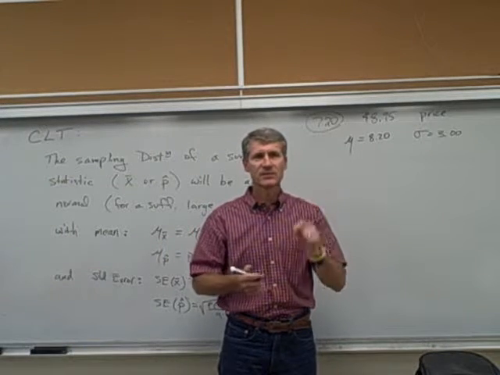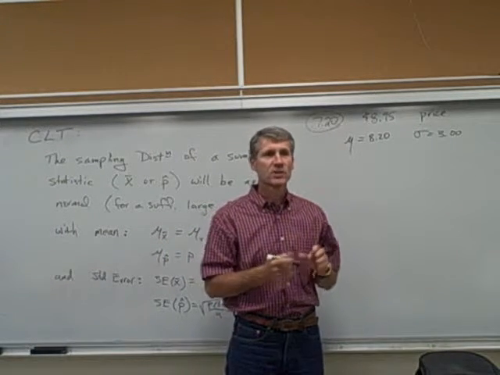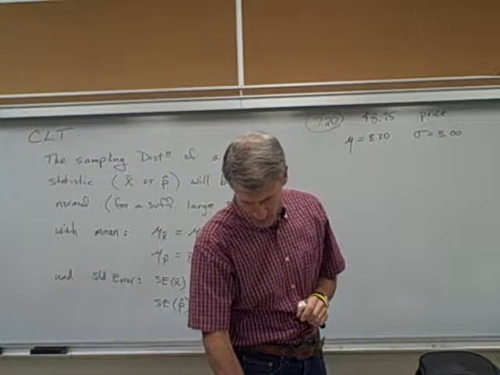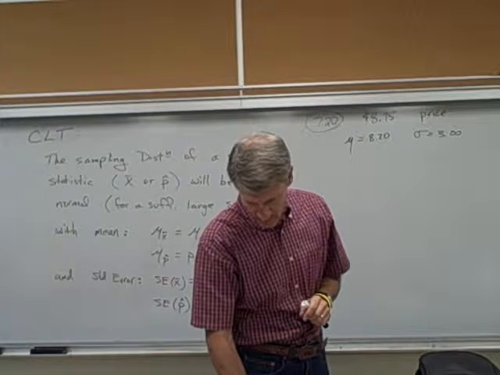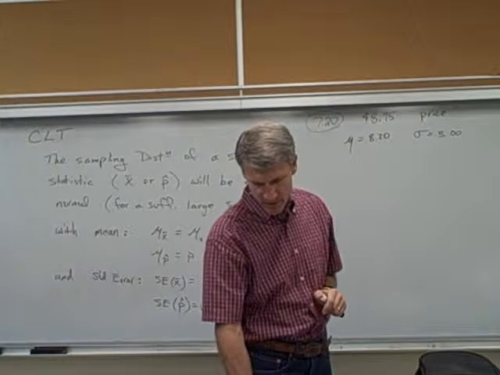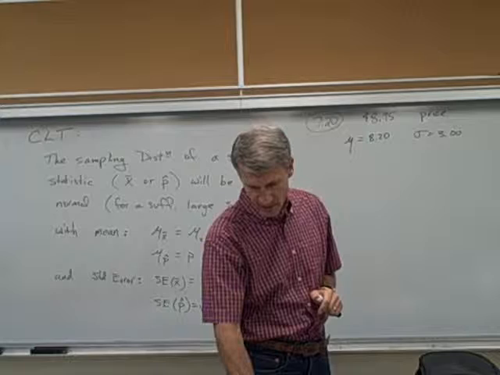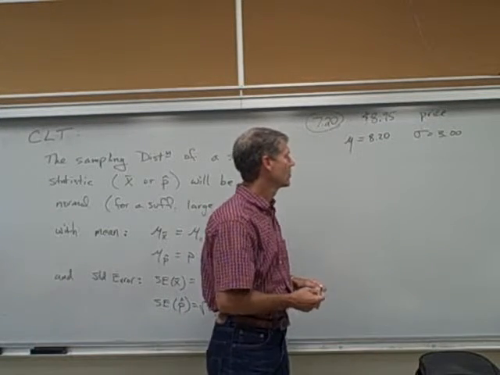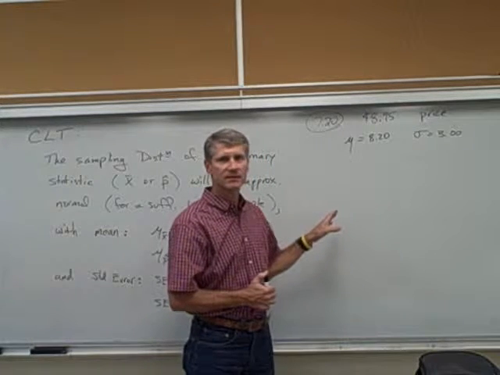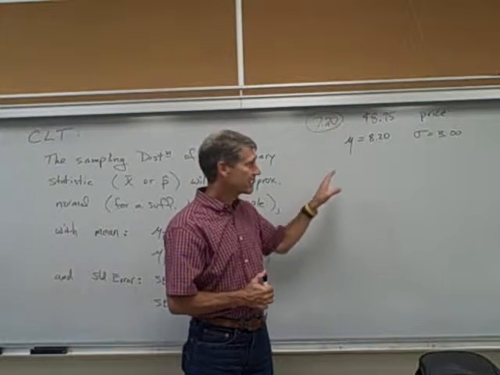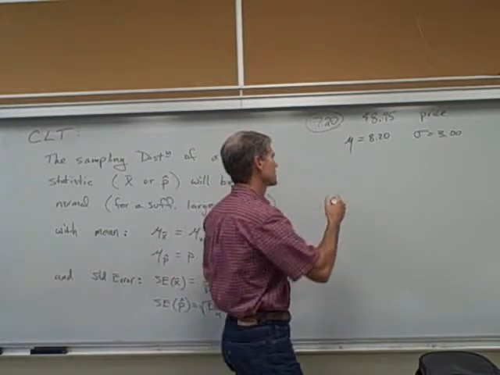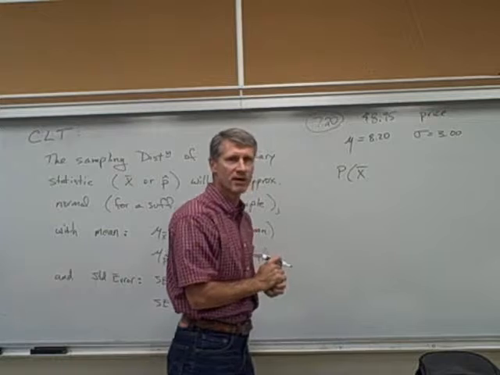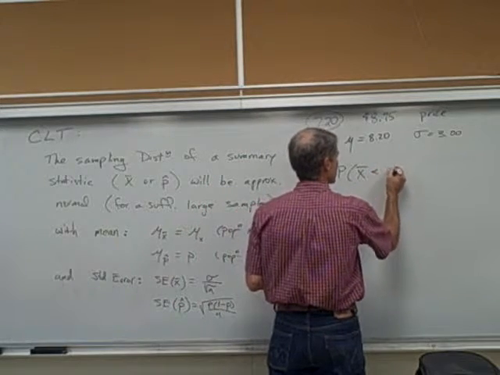The mean has to be less than $8.95. So, the way it's worded, find the probability that the restaurant makes a profit that day, with a sample mean expense being less than what? $8.95, right? So find the probability that the sample mean, which we call X bar, is less than $8.95.